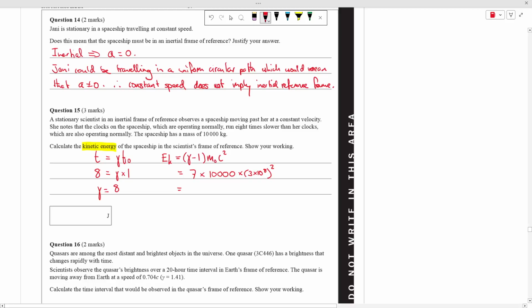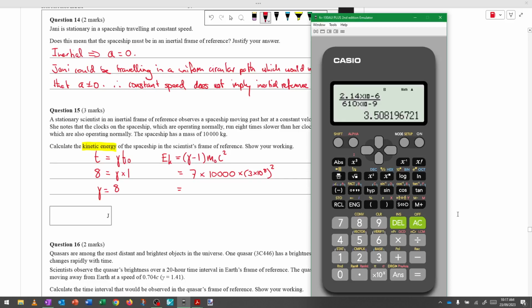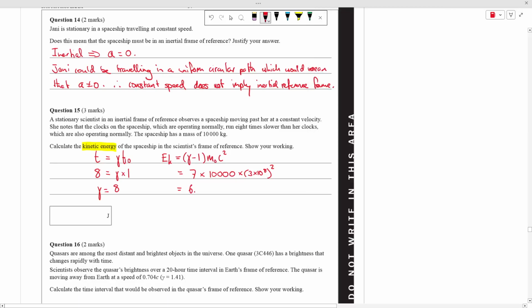Right, what do we get? So it's 70,000 times that squared, 6.3 times 10 to the 21 joules.